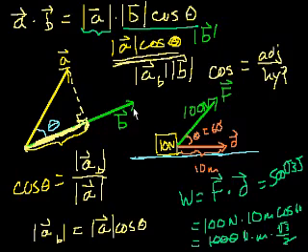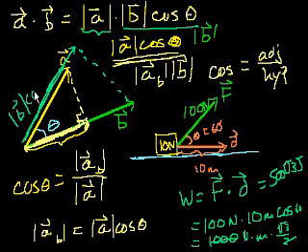So B cosine theta would be the magnitude of vector B that goes in the direction of A. If you were to drop a perpendicular line here, B cosine theta would be this vector, the magnitude of B cosine theta. So you could say how much of vector B goes in the same direction as A and then multiply the two magnitudes. Or you could say how much of vector A goes in the same direction as vector B and then multiply the two magnitudes.